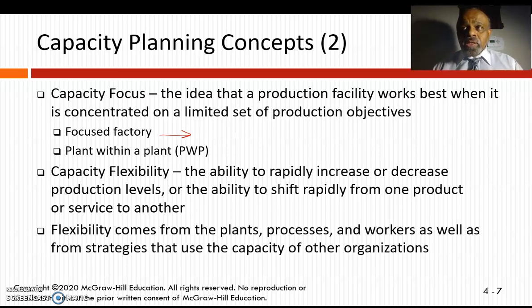So there is a plant with two different plants. That is a plant within a plant. It has certain advantages and it has certain disadvantages too. Certain advantages could be that you have enough workforce that, if somebody is not doing something, you can send them over there with a lot of cross training and things like that. So the cross training is the one which is a disadvantage, where some people cannot be cross trained.